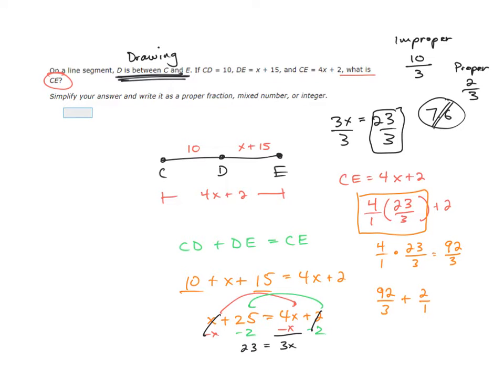Now we have to change this 2 over 1 fraction. So I'm going to warp this to the next page. So we got the 92 over 3 plus 2 over 1. This way we don't run out of space here. And I need to change these fractions to have 3 as a denominator. The 92 over 3 and the 2 over 1.